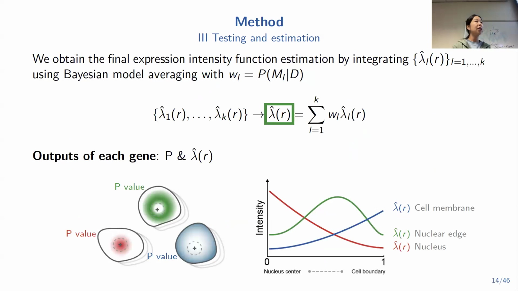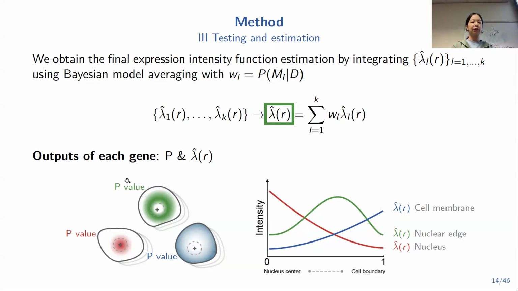So now we have one p-value for one gene, but how about the pattern? We still have one estimated pattern corresponding to each kernel, so we'll use Bayesian model averaging to integrate all the estimated patterns together. So basically, at the end of the day, by applying our method, for each gene we will have one p-value and also its estimated pattern.